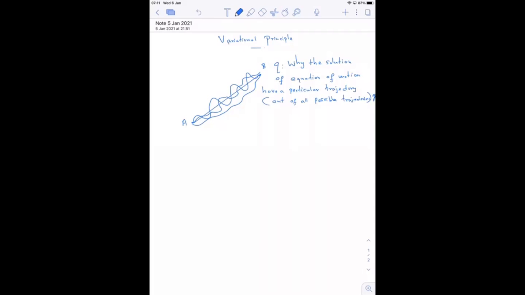Now this is a bit different in quantum mechanics. For example, in quantum mechanics we say that a quantum mechanical particle follows all possible trajectories, right? All possible ways.